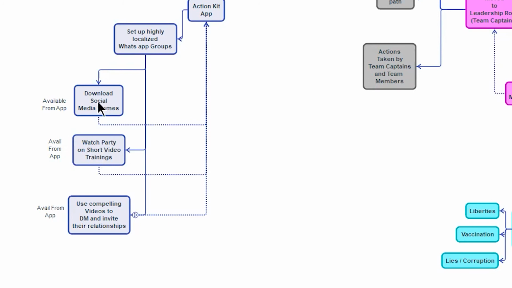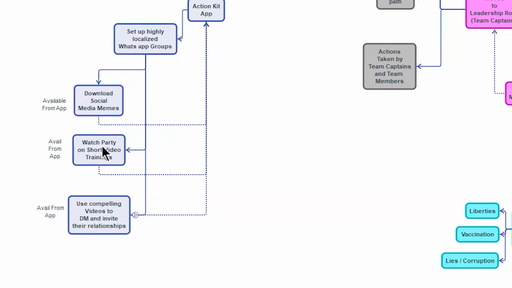So having downloaded some basic social media content like memes, and now having been trained on how to interact with the public with the social media content, these team members are far more effective in spreading the word than they would have been if they hadn't participated in these short training events.